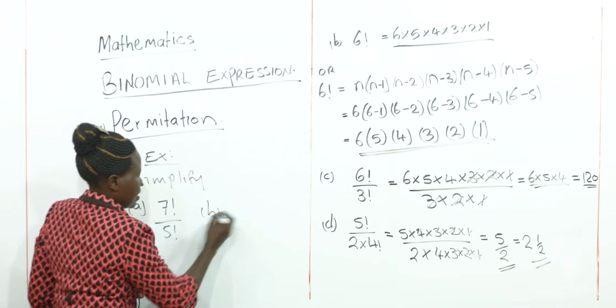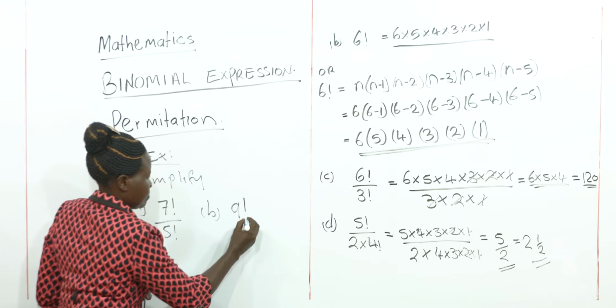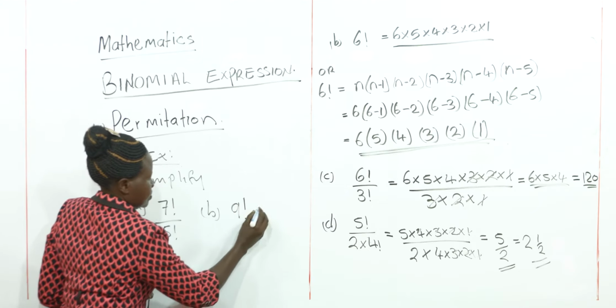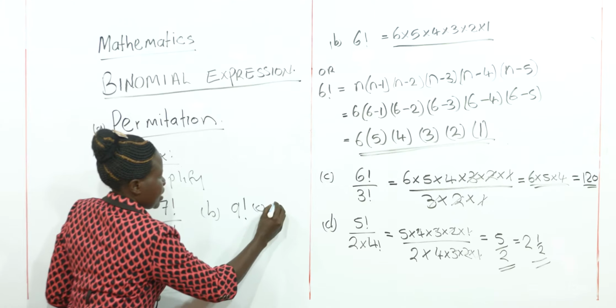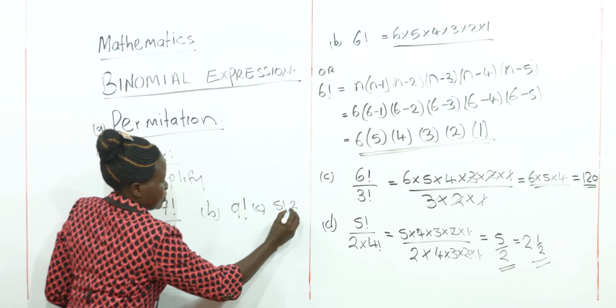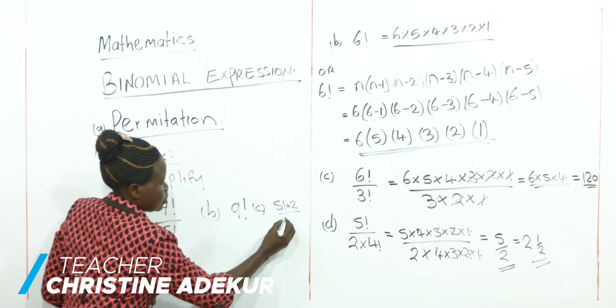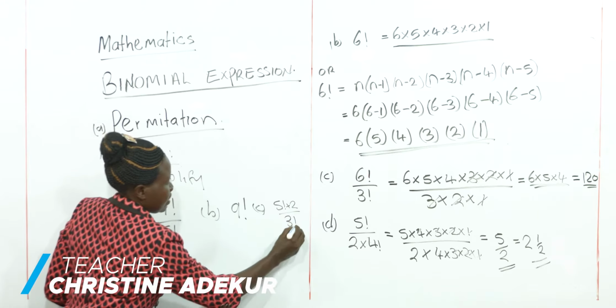B, we have 9 factorial. And then lastly C, we have 5 factorial times 2 over 3 factorial.